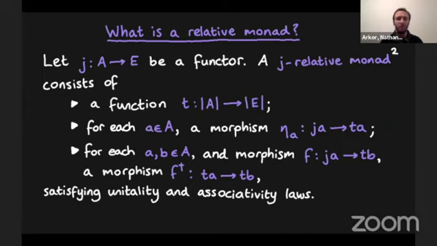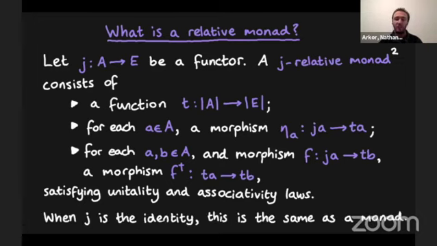We're going to fix some functor J from A to E, and this is going to act a bit like the identity functor for our monad. I'm not going to go into the definition in detail; it suffices to know there is a definition. In particular, when we take J to be the identity, this is just the same as a monad. So you can think of it as some skewing of a monad to an arbitrary functor rather than an endofunctor.